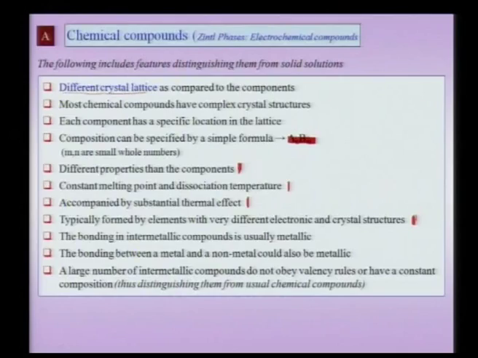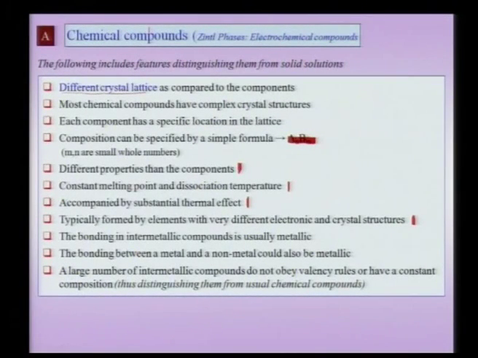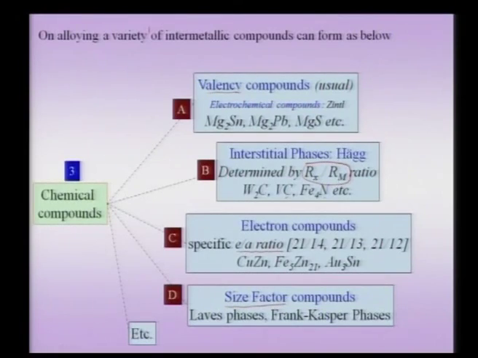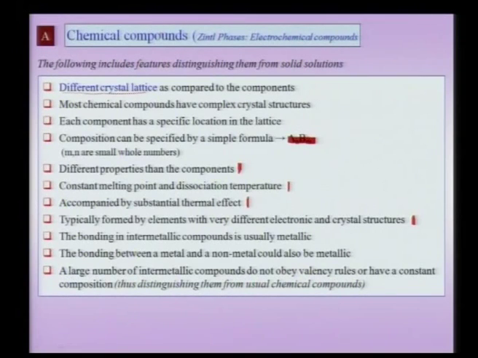In other words, the rules for what favors solid solution formation are sort of opposite. These are not principles, just some sort of guidance: if the electronic structure and crystal structure are very similar, you would have a tendency to form solid solutions, and if they are very different, then you would have a chance of forming these kinds of chemical compounds. I am still talking about the valency compounds, so what I mean by chemical compounds here is the valency compounds.